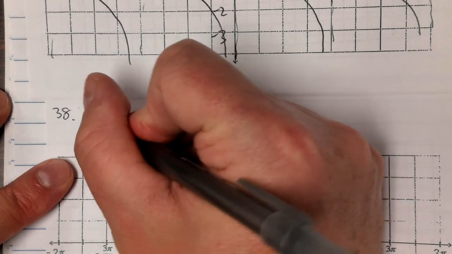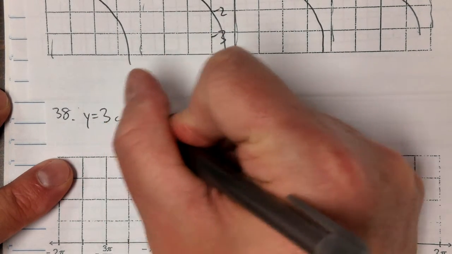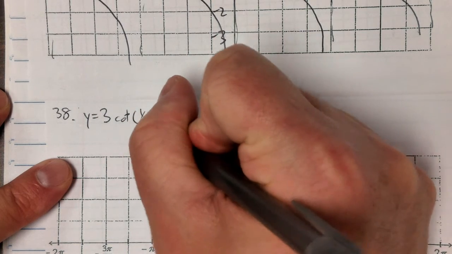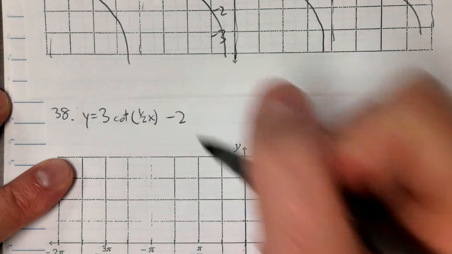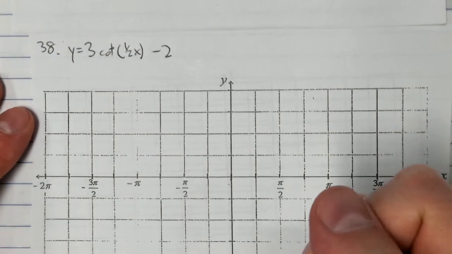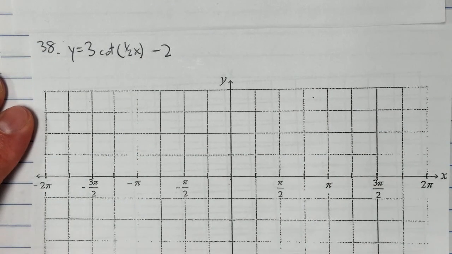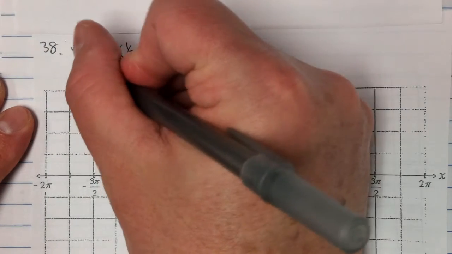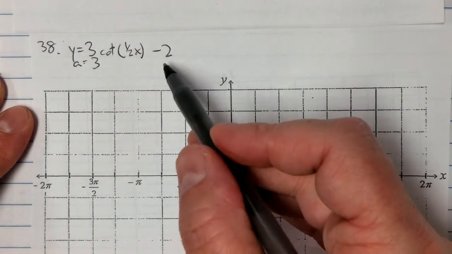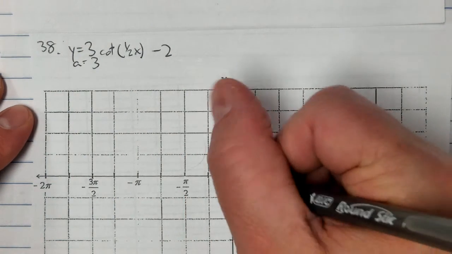This one is y equals 3 cotan a half x minus 2. So our amplitude is 3. Negative 2 is where we're going to have a middle line.